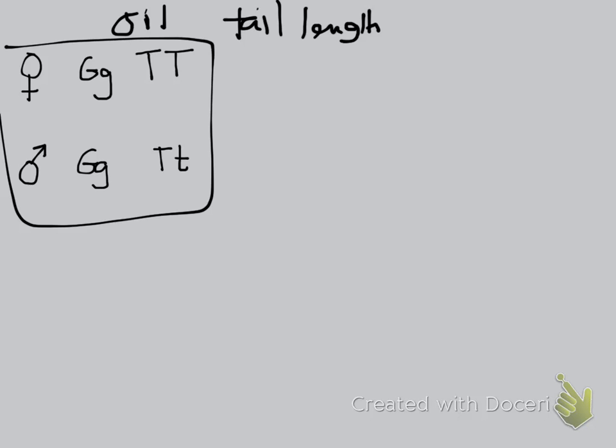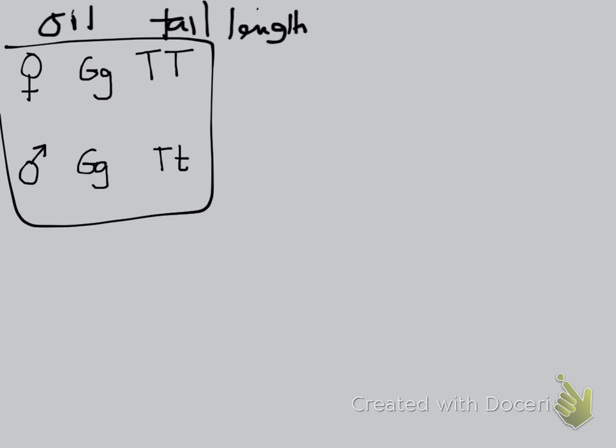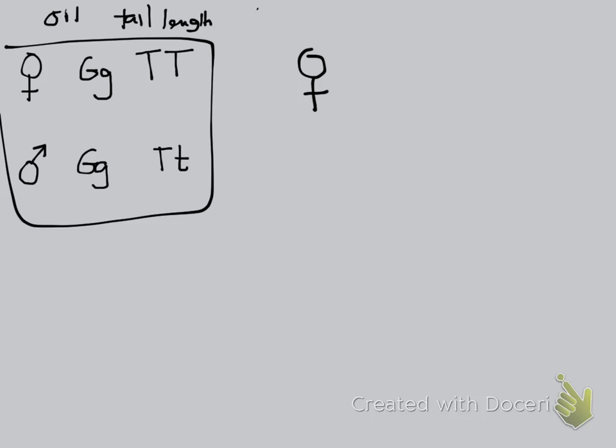Okay, so we've got our 2 parents. We've got their genotypes for 2 traits. We're using oil production and tail length. And our first task is to figure out what gametes they can produce. So, for every egg that this mother beaver produces for oil production, what alleles are capable of going into an egg here?